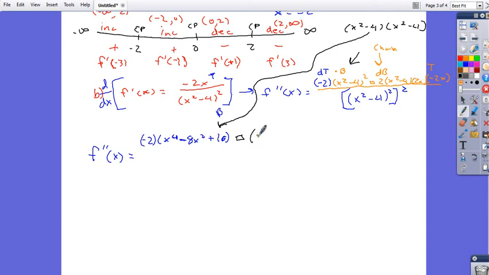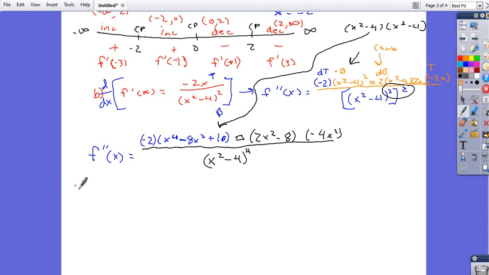So we end up with 2x squared minus 8, and that's negative 4x squared. And of course the bottom, we multiply the exponents, so we end up with x squared minus 4, with these exponents multiplying to the fourth power.